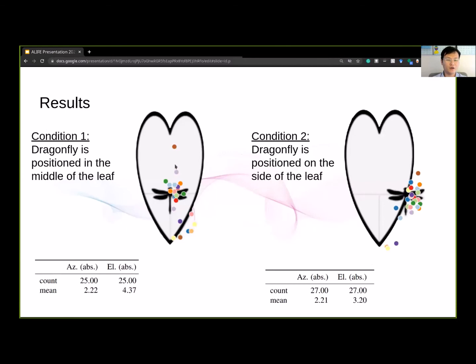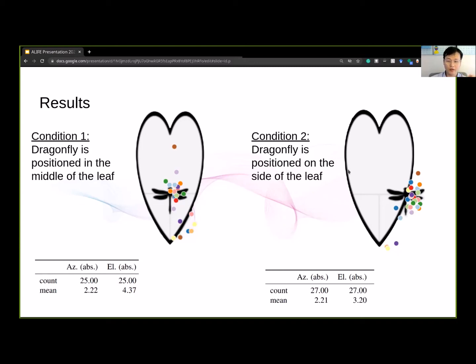All right. So here you can see that result visualized in this slide. But another point is we think that the bat may actually not even have seen the dragonfly. It may just find the center of the leaf and then try to get there.